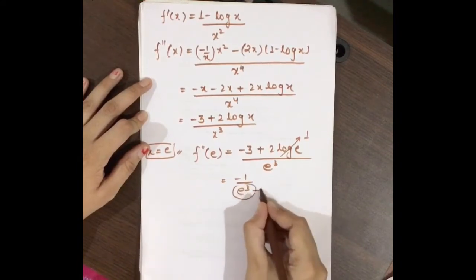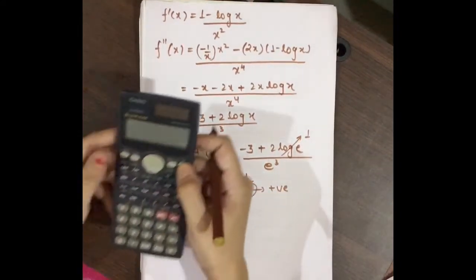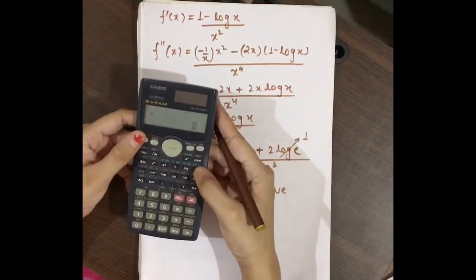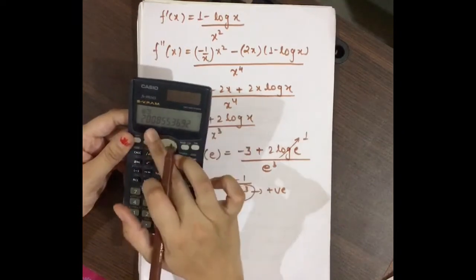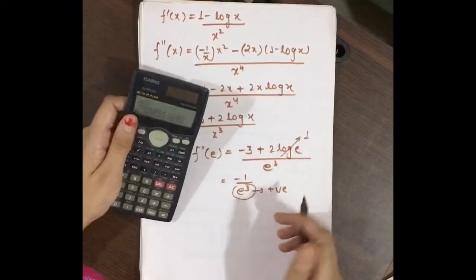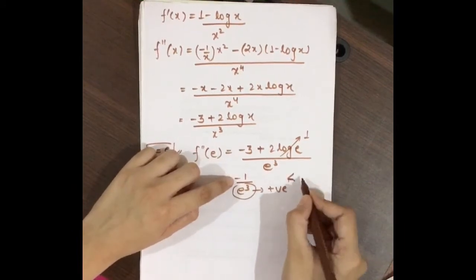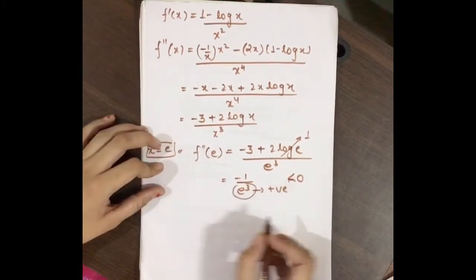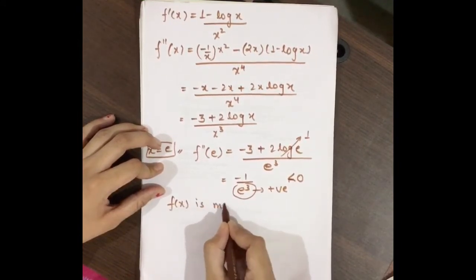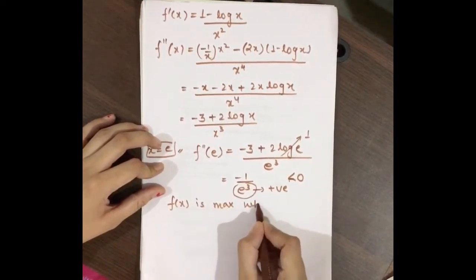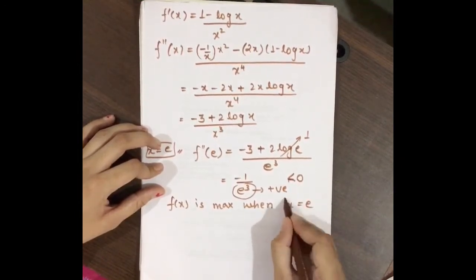See, e cube is a positive number. So how can you say that? Let's use the calculator. It's 20 point something. So e cube is positive. And minus 1 will make this term negative, that is, less than 0. Therefore, f(x) is maximum at x equal to e.